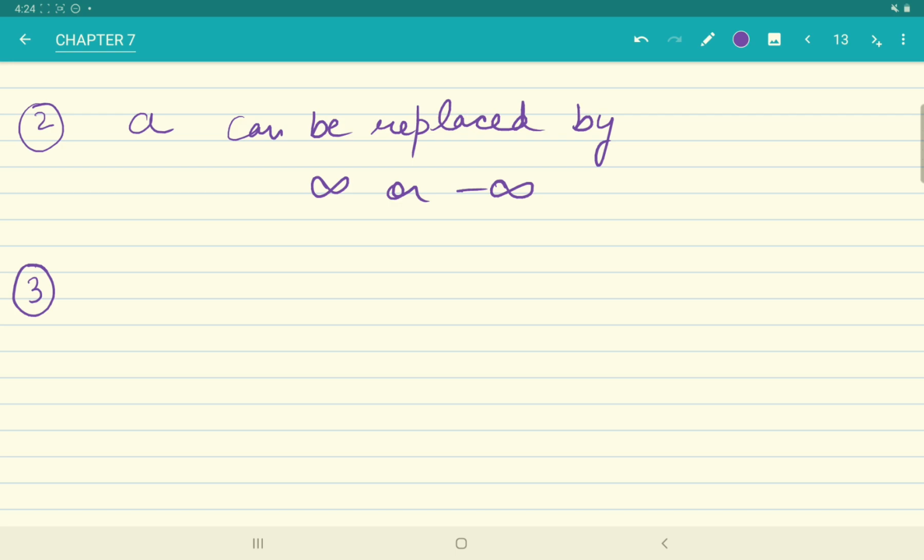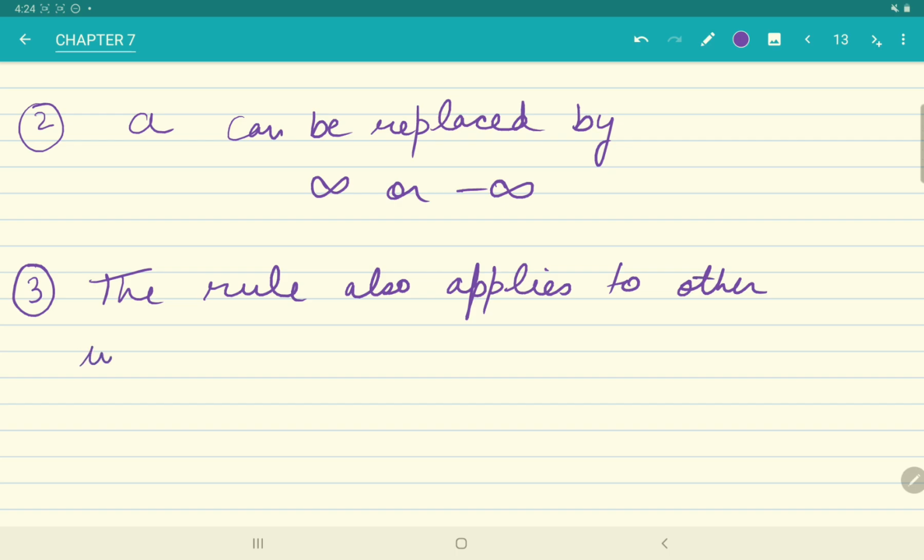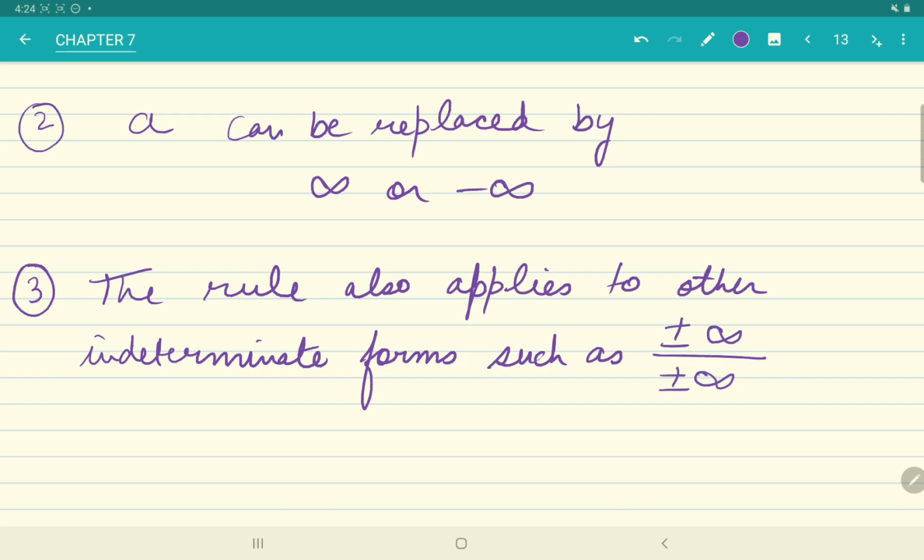The extension tells us that the rule in fact also applies to other indeterminate forms such as plus minus infinity divided by plus minus infinity. Again, this is an indeterminate form.